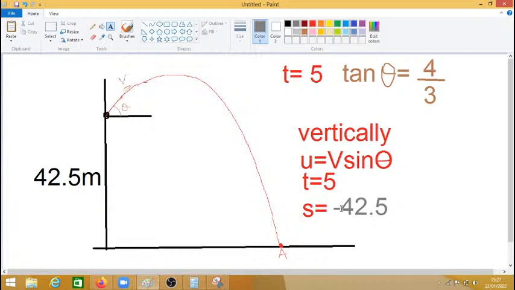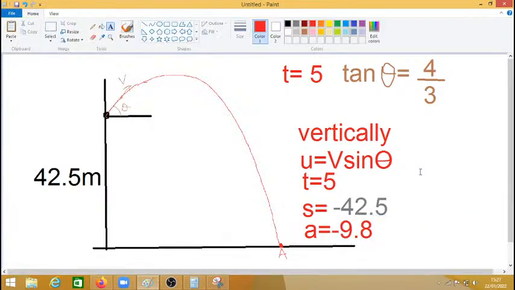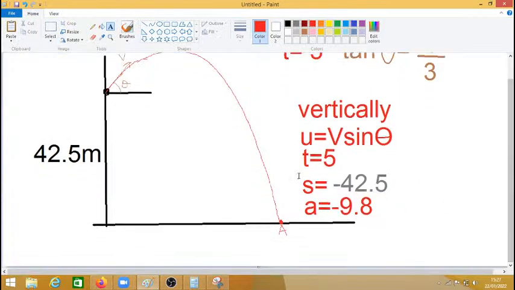It's minus 42.5 for the displacement when it gets to point A. Okay, what else do we know? We know, as usual, acceleration vertically is always going to be the same. That's going to be minus 9.8, and that should be enough to be able to then work this out. So let's choose a formula that's going to give us what we want. Let's go with S equals ut plus half at squared.